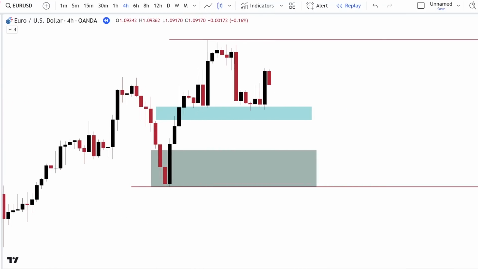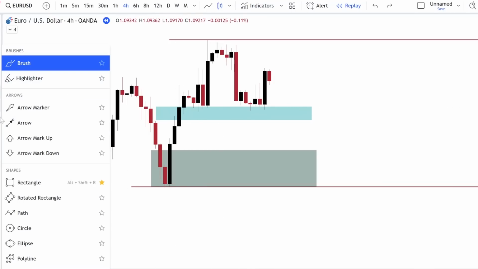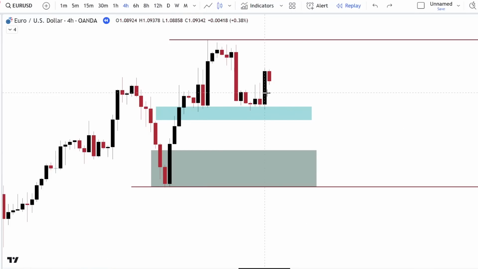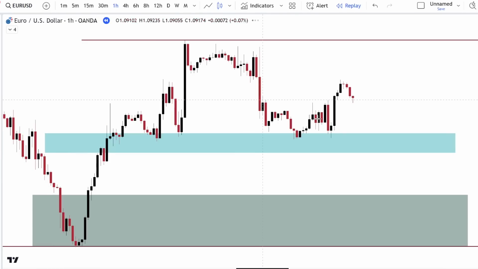You're looking for your inducement, and here was your inducement. As you can see, price was calm right here, went into a consolidation and gave you a fake signal to the upside, trying to induce you into taking a long position. And how are they going to induce you into taking a long position? Obviously, there's two ways. You've got the retail method and you have your smart money method. The smart money method would be something like this.